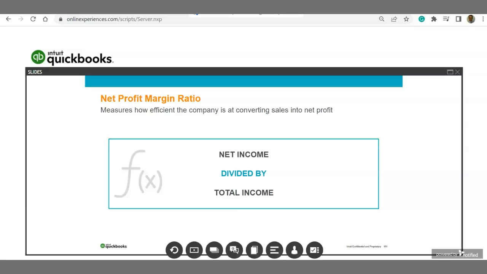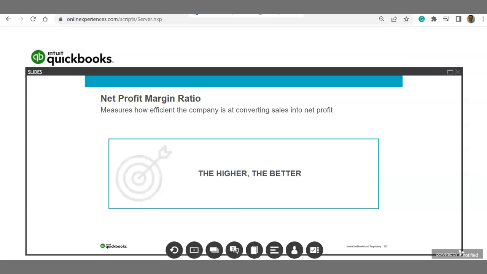And so to calculate this net profit margin, you're going to take the net profit or the bottom line on the QBO P&L and divide it by total sales. So in this case, also the higher the better. The net profit margin needs to be sufficient to cover the owner's draws and personal income taxes, for sole proprietors, for partners, for S corps.